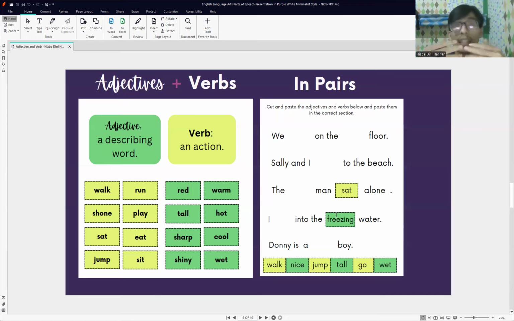So to make it simple for you, adjective follows a noun. On the other hand, a verb comes after a noun. Any questions so far? It's easy, right? Adjective, a describing word. A verb, an action word. Adjective follows a noun. A verb comes after a noun.